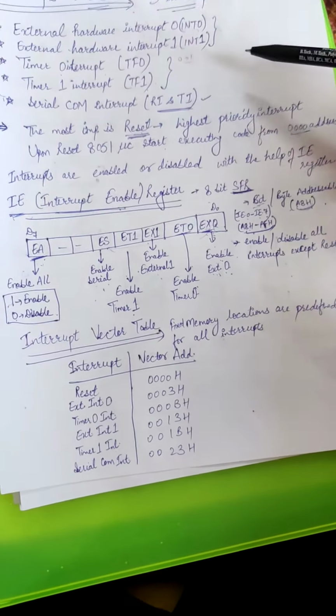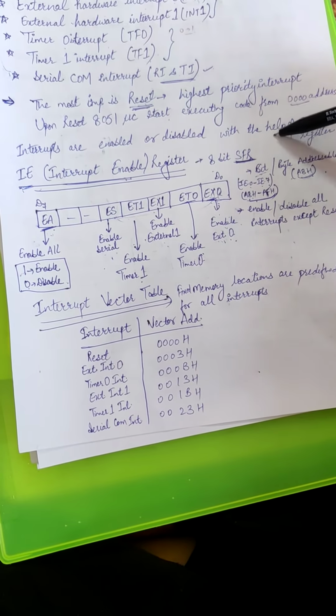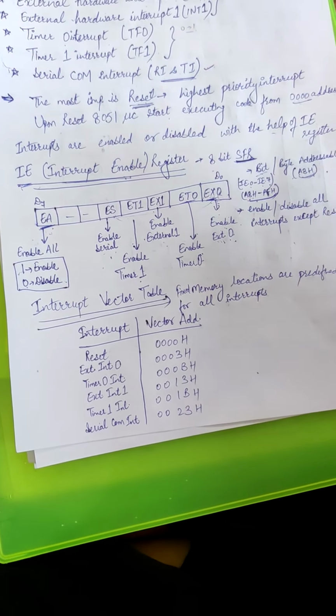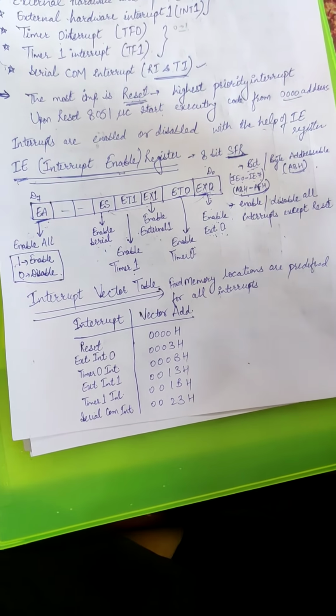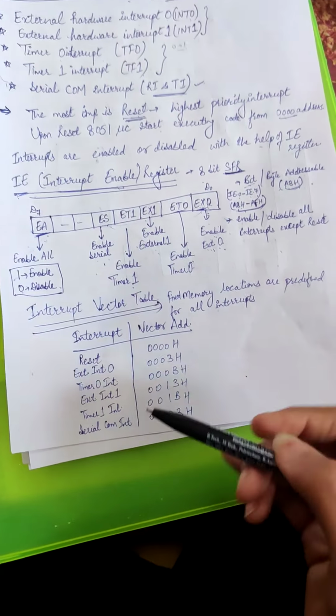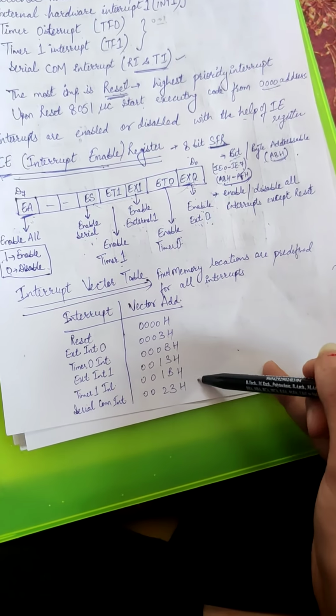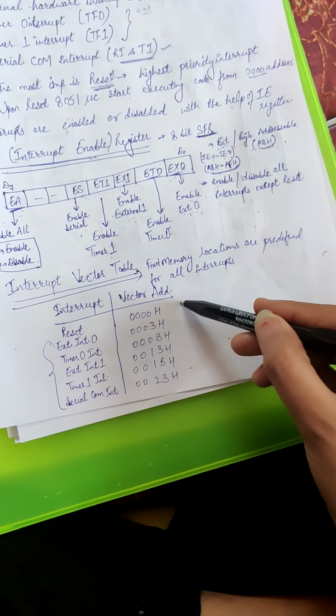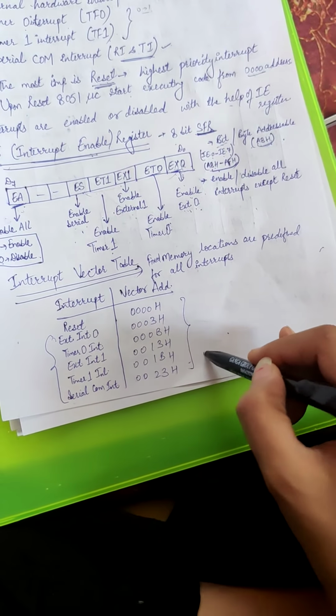Now these interrupts, I have already told you, are vectored interrupts. Vectored interrupts are those which have fixed addresses. So the interrupt vector table is this. These are our interrupts and these are their vectored addresses, which are fixed.